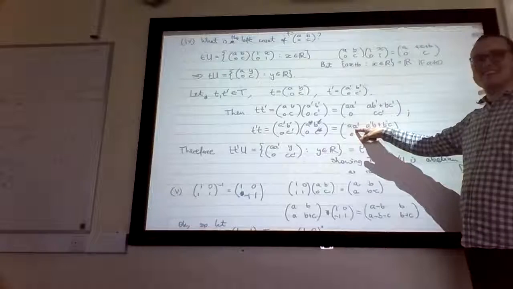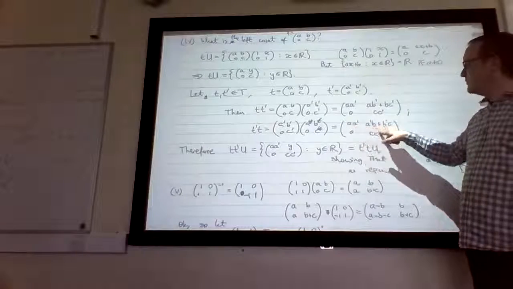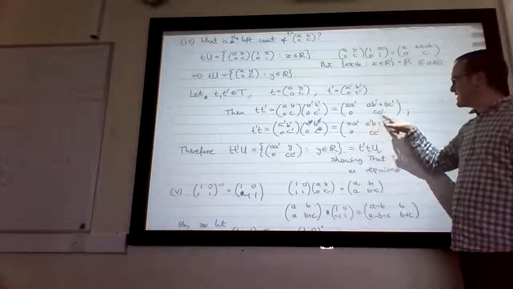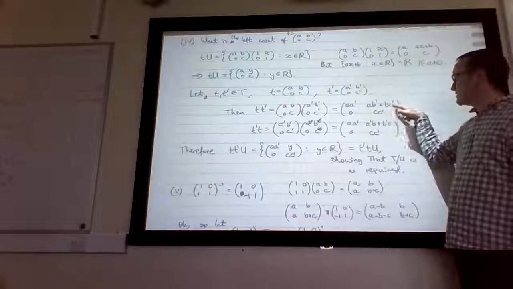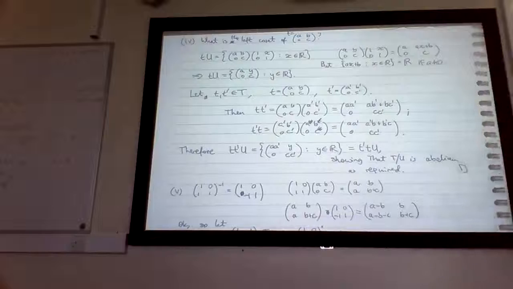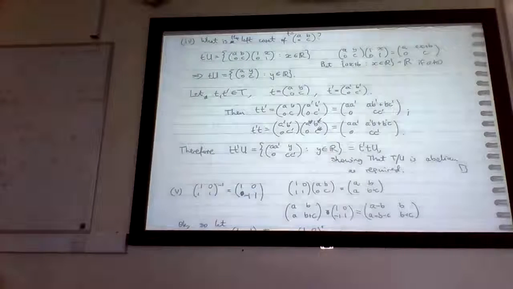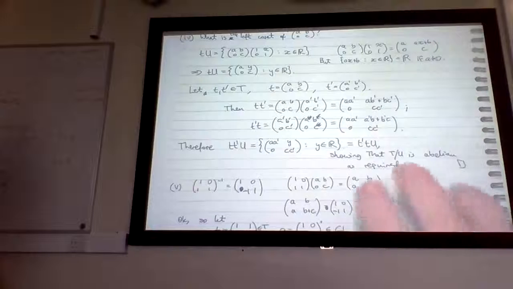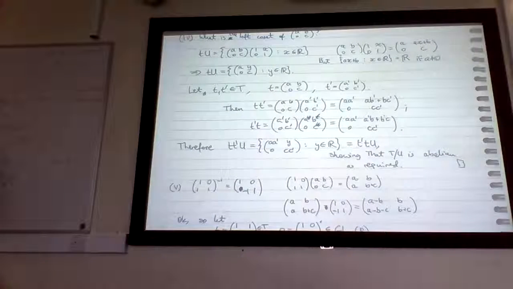Unadorned. That's a good one. So this is this product. The top right entries are different, but the other three are the same. That's the key observation. Okay, so that establishes that the factor group is abelian.